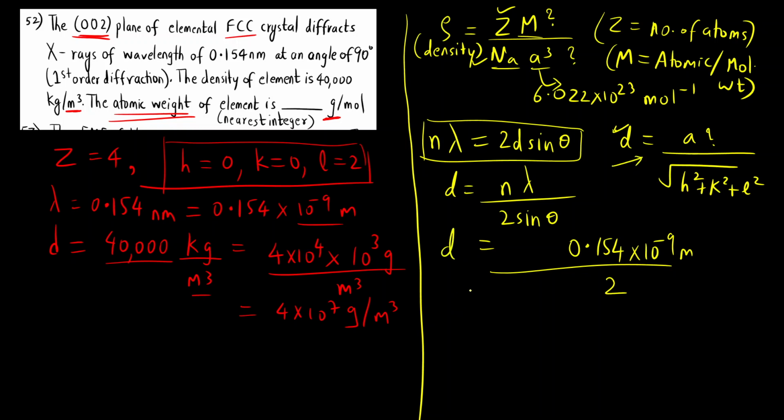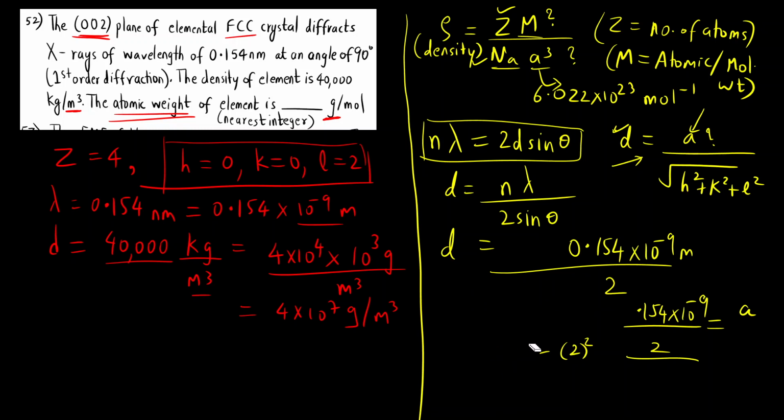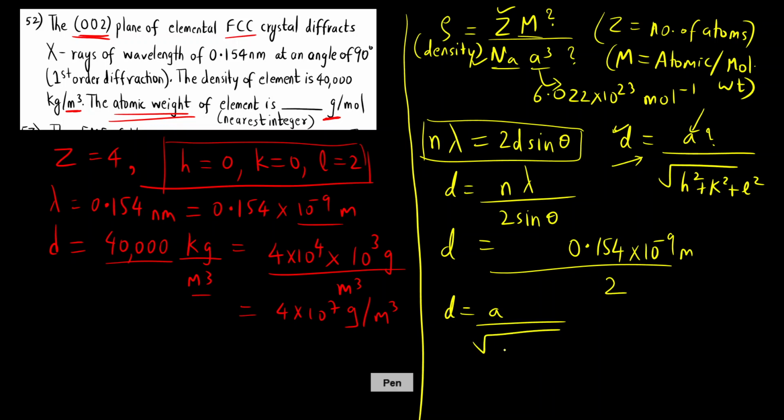Now we can substitute this in the other formula. d is equal to A divided by root of 0 square plus 0 square plus 2 square. 0 plus 0 is 0, 2 square is 4, square root of 4 is 2.